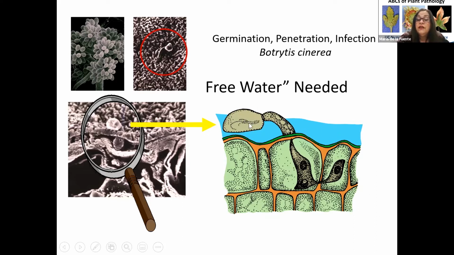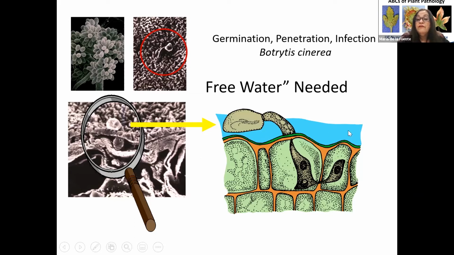free water. And once it germinates, remember, when it's going to penetrate through a stoma, it usually produces an appressorium, and then enters, crosses the cuticle, and once inside the cell, keeps on growing and expanding. And then when the relative humidity outside is high again, they can come outside and produce spores again.